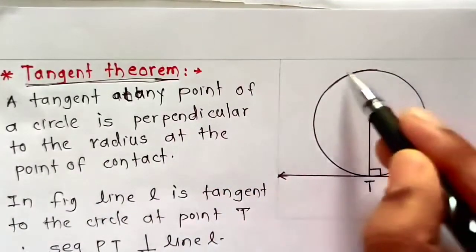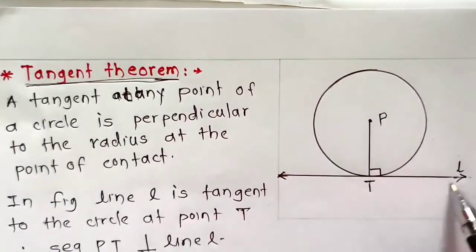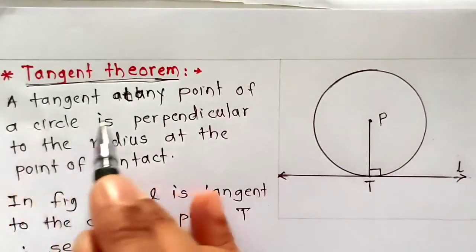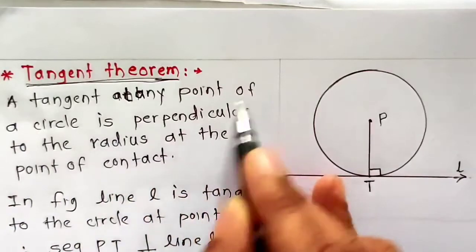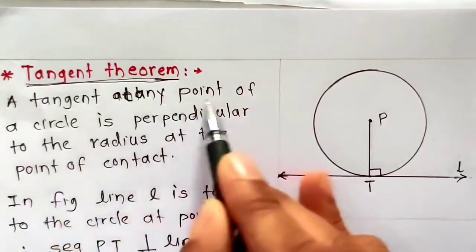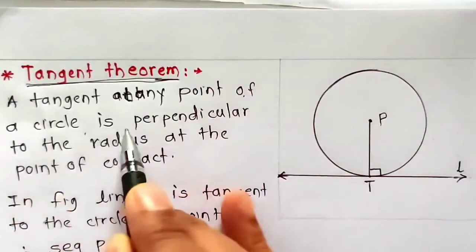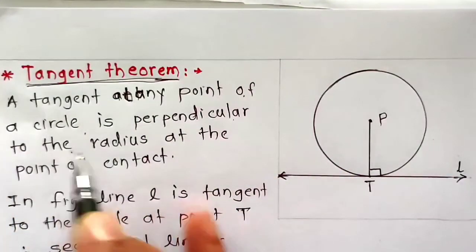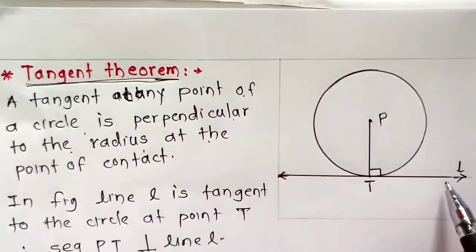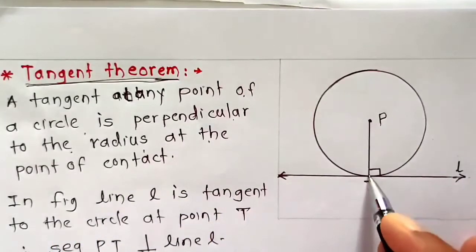Here, if we draw a circle, line L is a tangent at point T. The statement of the theorem: a tangent at any point of the circle is perpendicular to the radius at the point of contact. Here line L is the tangent to the circle and T is the point of contact.